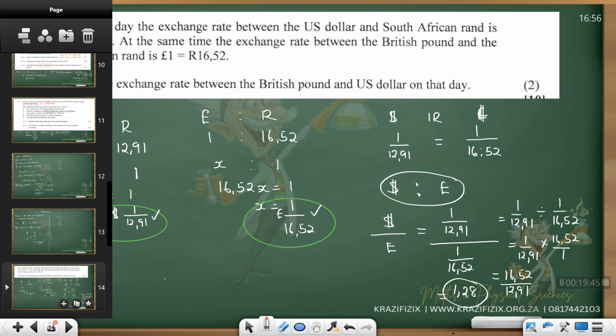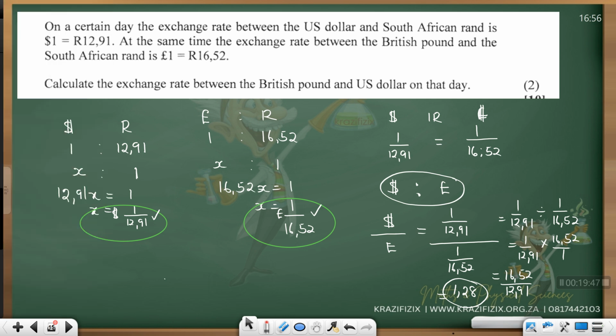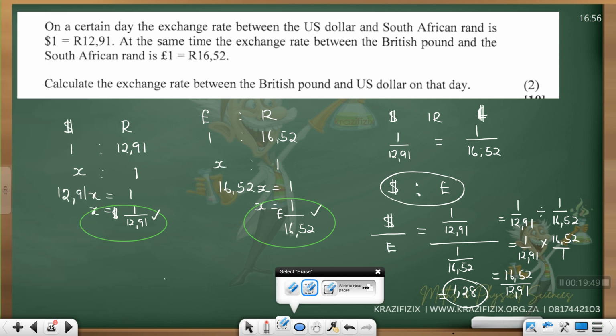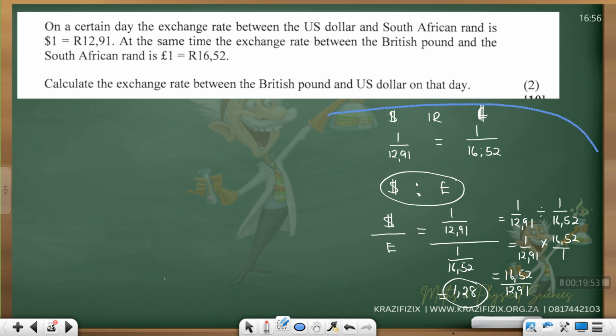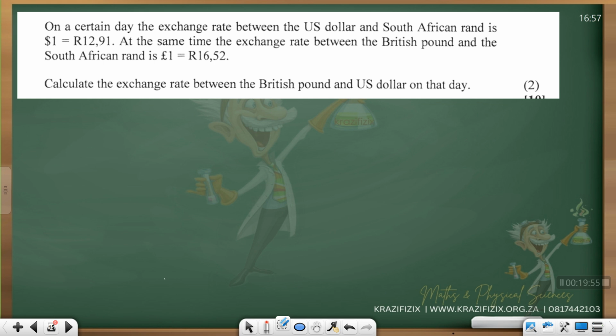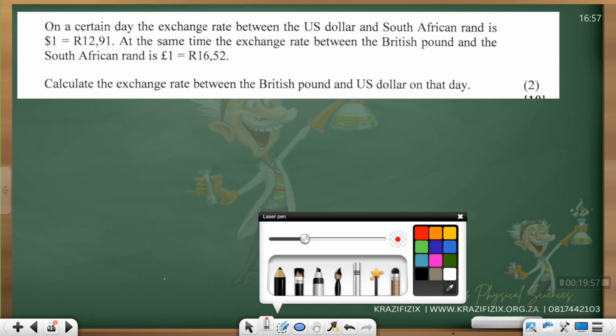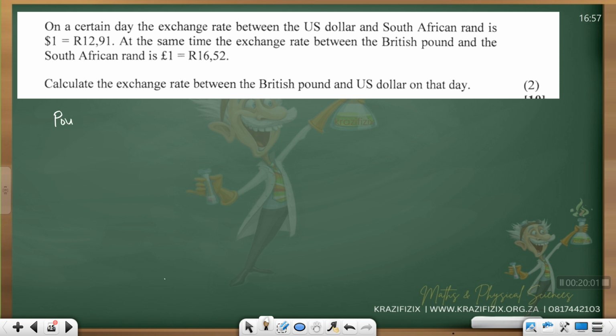Okay, so this is what you will then write down for an examiner that asks you such a question. I will then come here now and simplify the whole question. I want you to see how we arrive at that value. Okay, so if I then say pounds to a dollar, remember what I said?